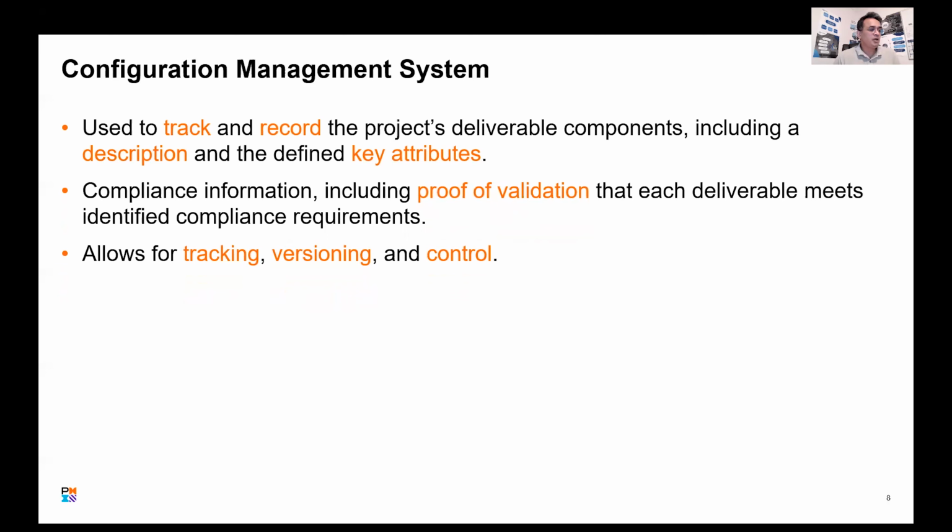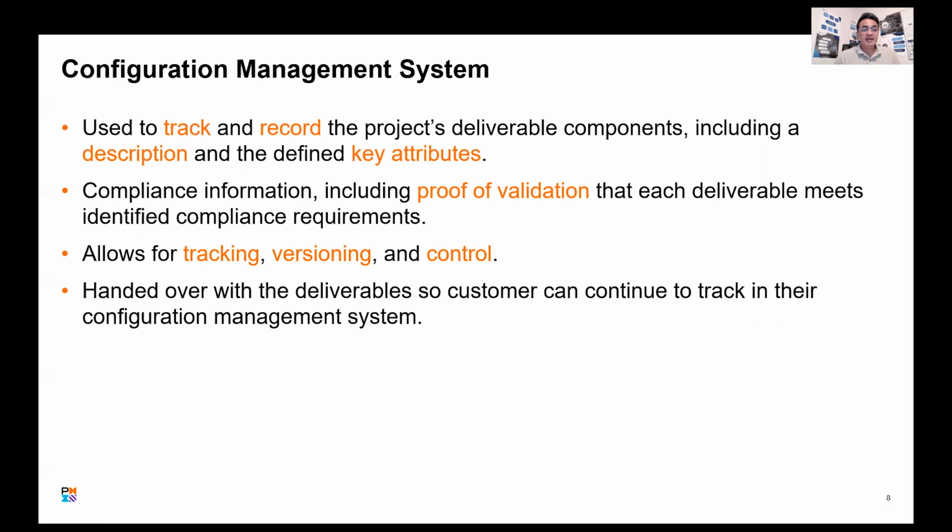The main benefit of a configuration management system is to manage, control and track version control for your documents as well as product deliverables, right? So if you're doing testing or an initial run of the product, it's version 0.1 or 3 or whatever. Hand it over with the deliverables so the customer can continue tracking in their configuration management system.